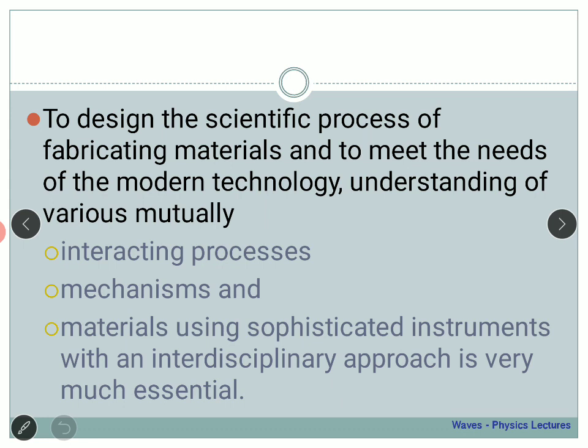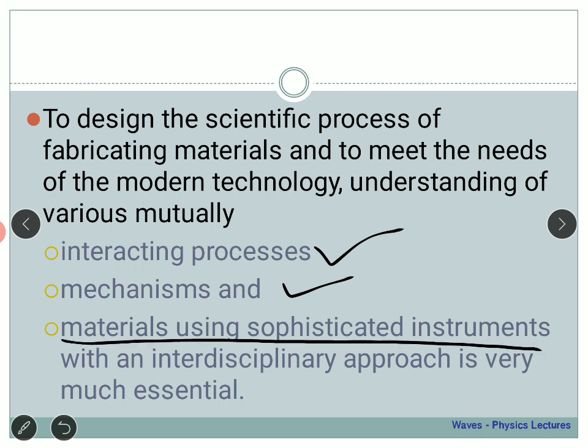To design the scientific process of fabricating any kind of material, and to meet the needs of modern technology, we have to couple a few things. First, what is the interacting process? Next, what is the mechanism involved? And of course, what is the material, which can be determined using sophisticated instruments with an interdisciplinary approach. We don't restrict ourselves to a particular subject.